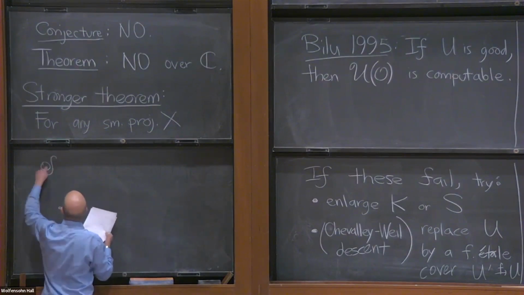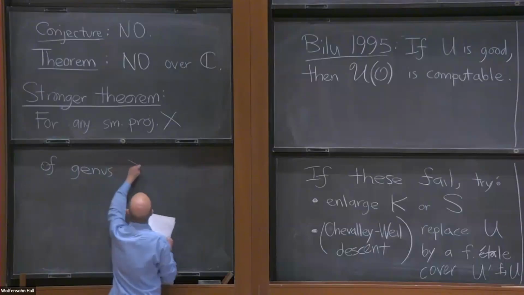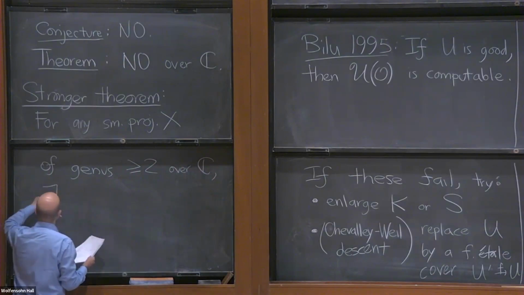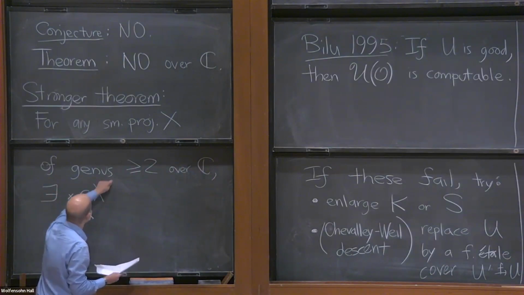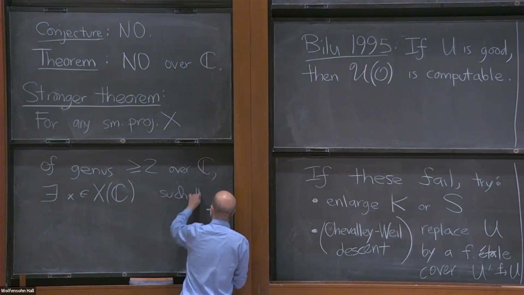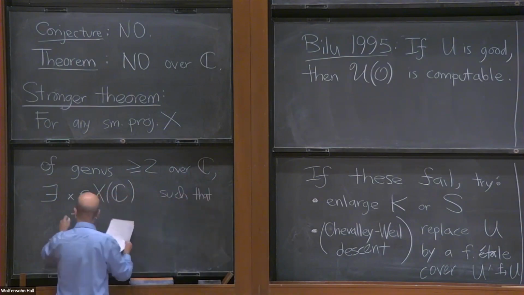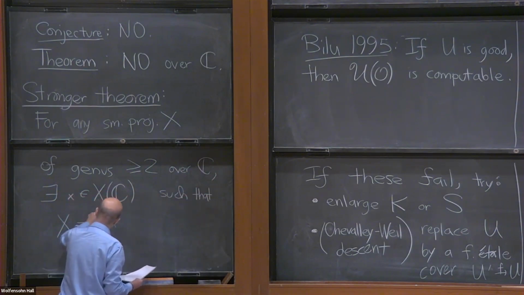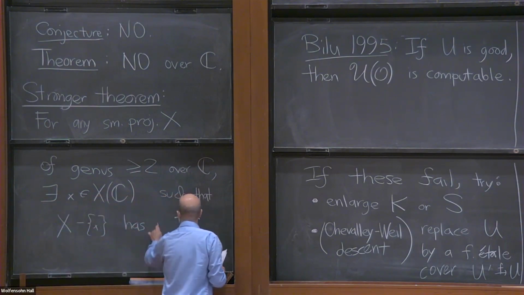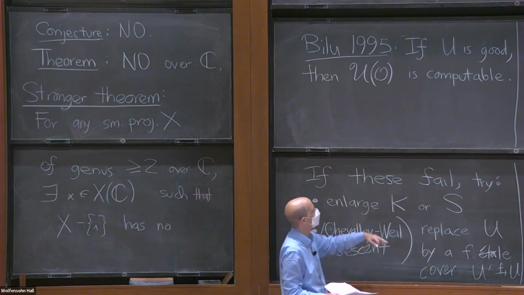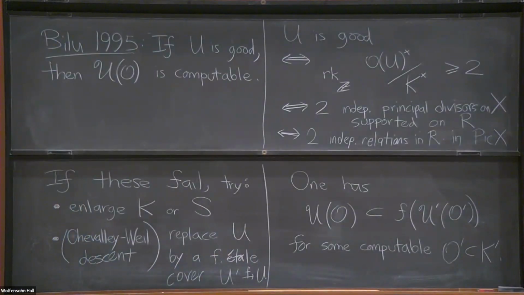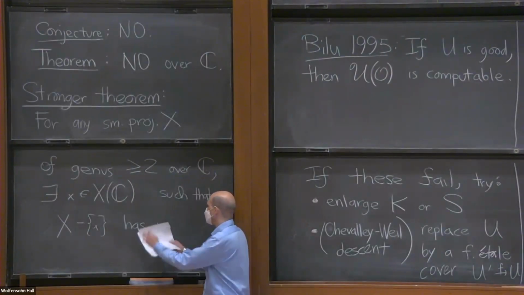There is some place you can puncture it, some point, such that if you puncture it in a bad place, then the resulting smooth affine curve has, well, not only does it not have a cover with 2 independent maps to G_m, if you puncture in the wrong place, you can't even find 1 independent map for any étale cover.